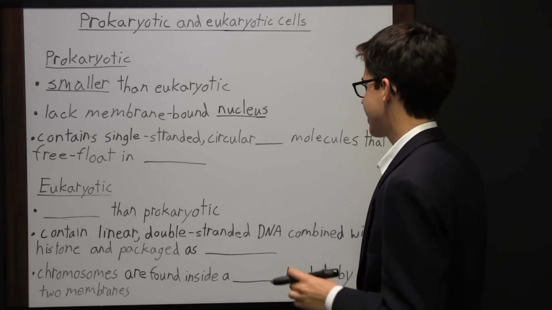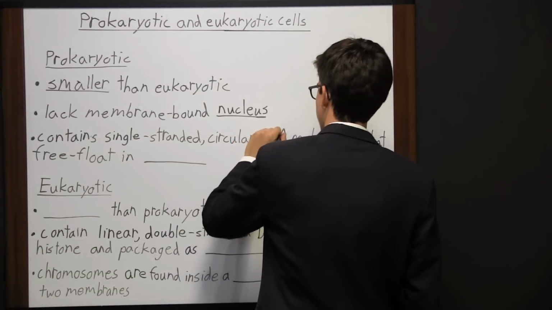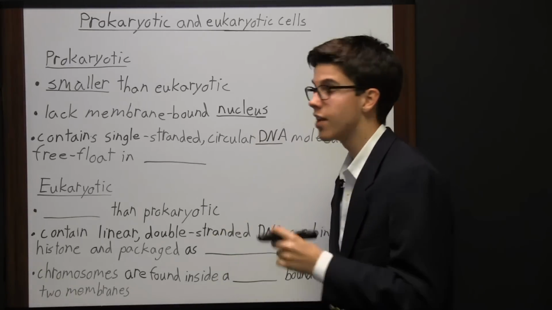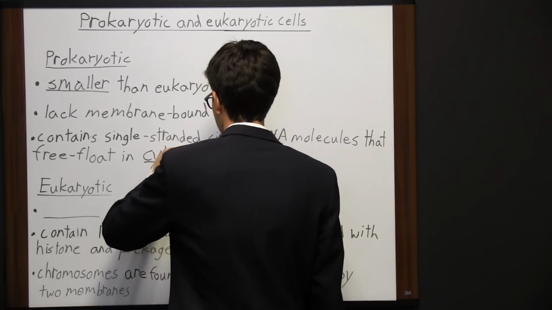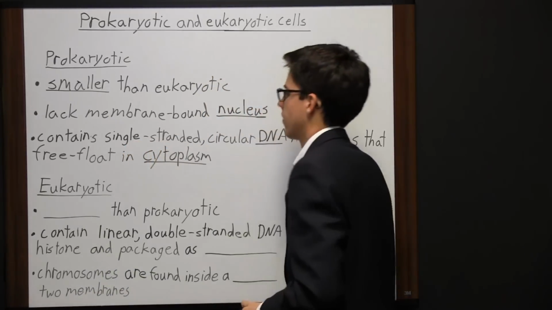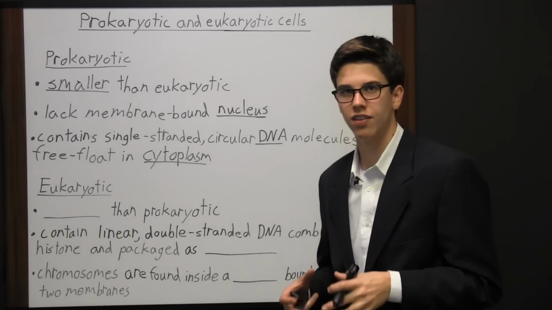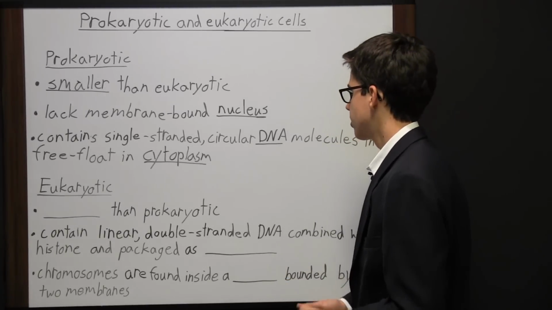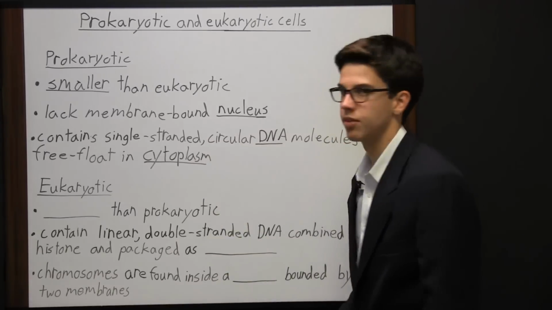They contain single-stranded circular DNA molecules that free float in, you can probably guess, cytoplasm, because cytoplasm is kind of the fluid in a cell that all the other organelles float around in. So the DNA molecules free float in cytoplasm.